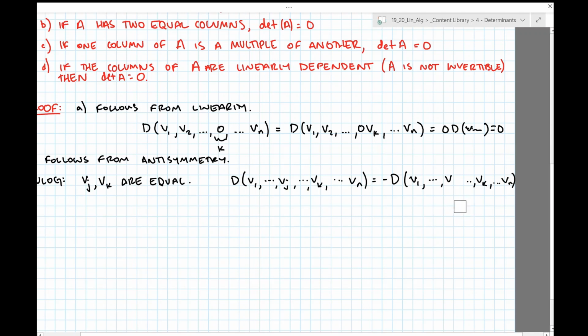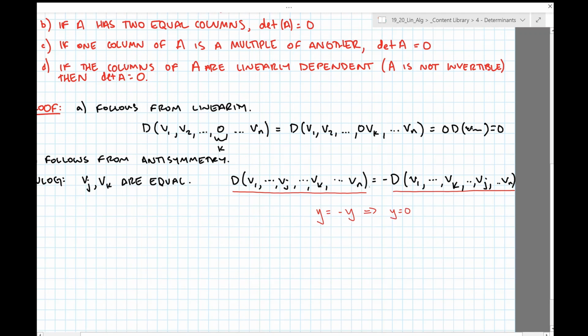Okay. And what we know about anti-symmetry is that when you switch these 2 columns, you have to pull out a negative. But because Vj and Vk are the same, and the determinant is just a number, this number and this number are the same. So if that determinant is some number, say y, the equation I've come up with is y equals negative y by anti-symmetry, and the only number for which that's true is 0.